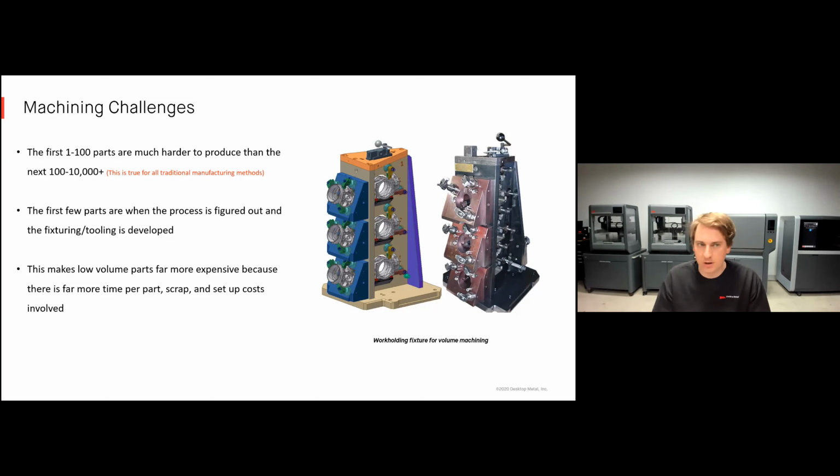You're developing fixturing, you're developing hard tooling, which makes these low volume applications very, very expensive. Because for each of these low volume parts, there's far more time per part that needs to go into them. There's lots of scrap and there's lots of setup time involved. So this is one of the main challenges we see when we're talking about machining, is the need to develop this fixturing. And we're going to talk a lot about this today.